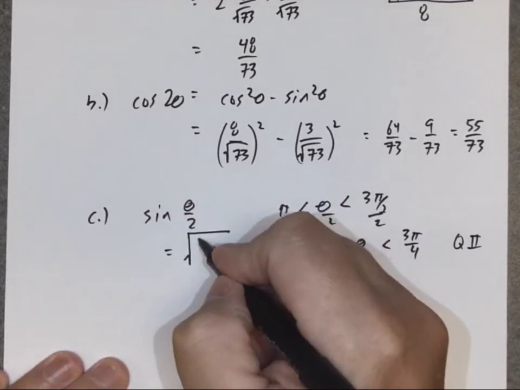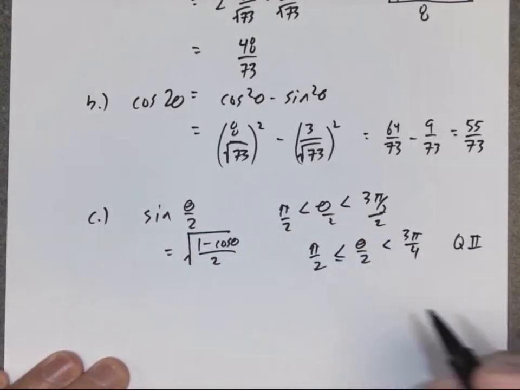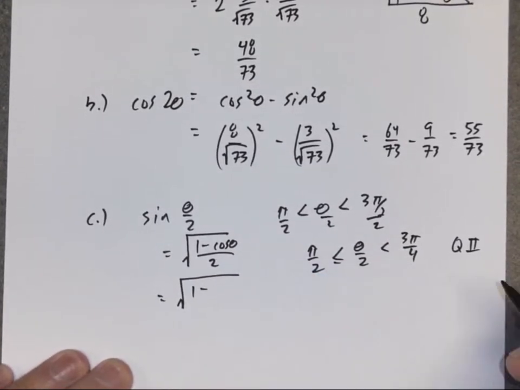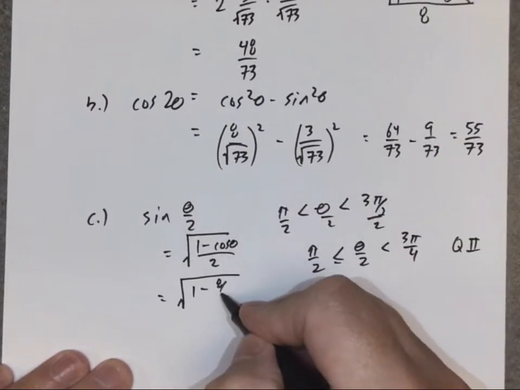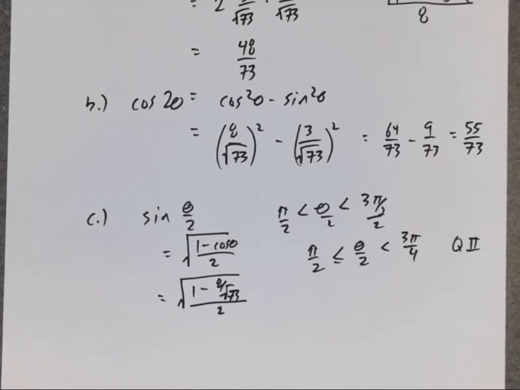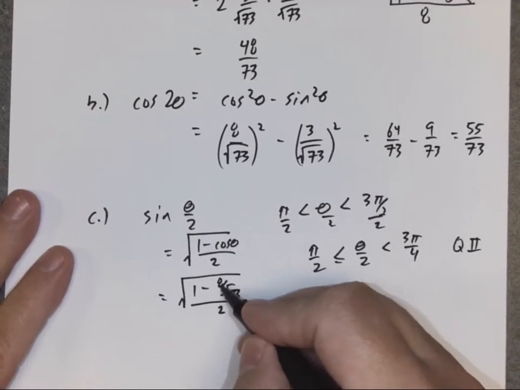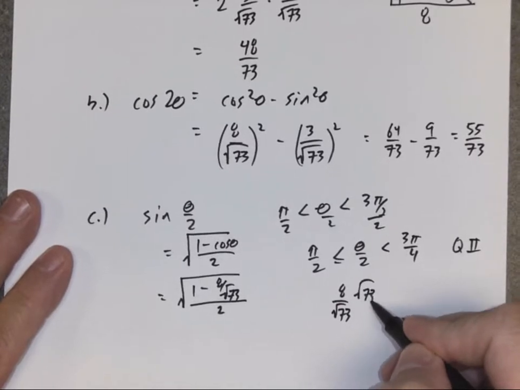So it's going to be square root of 1 minus cosine theta over 2. Cosine theta, so cosine 8 over square root of 73 all over 2. That looks very messy. Let's go ahead, let's try and rationalize this. Let's go off to the side. So multiply top and bottom.